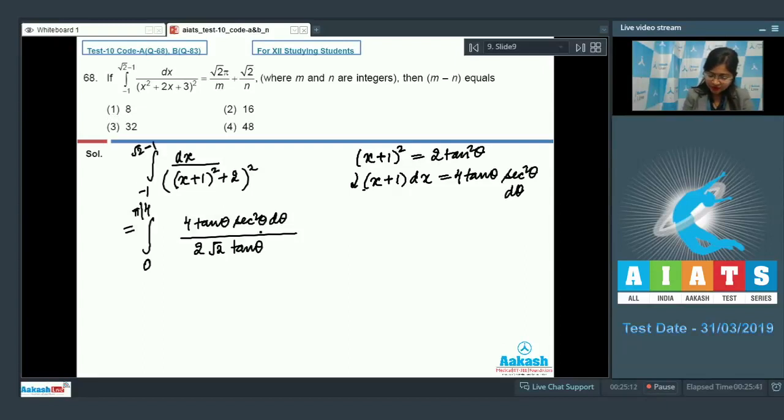And also in the denominator we have 2 tan²θ plus 2 whole square.